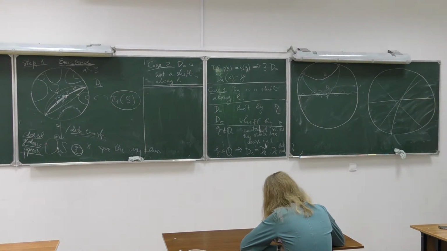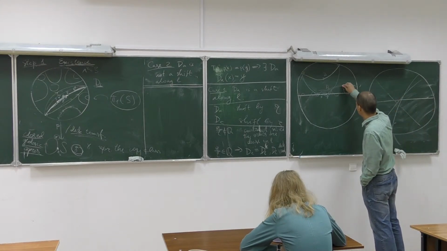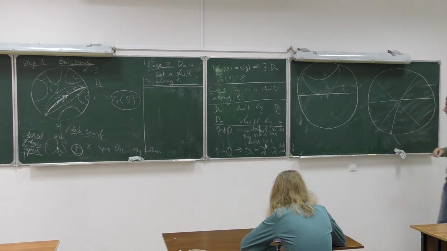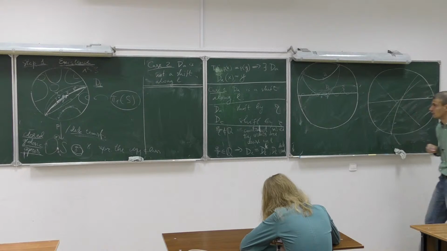Okay, and on the other hand, if we consider this delta tilde, there should not be 2 points on the delta tilde such that one goes to another by this shift dA.